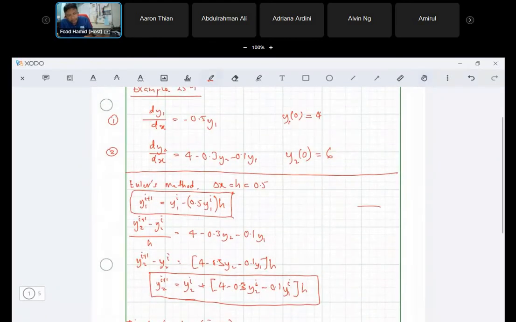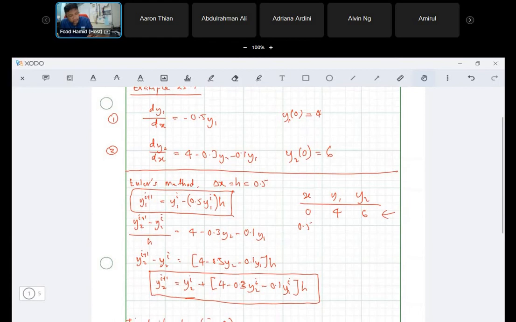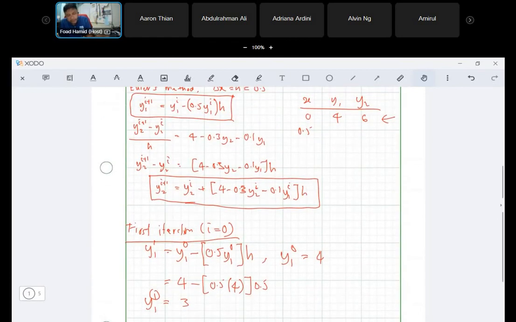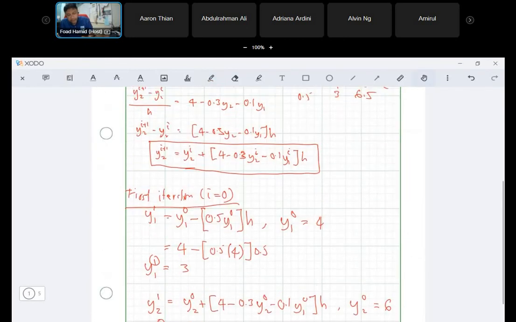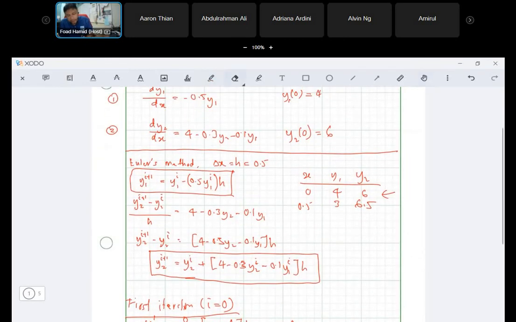So you can get the table here: x, y1, and y2. At x equal to 0, these are the initial conditions, 4 and 6. And when x is equal to 0.5, this is 3 and 6.9. And again, I have to repeat this for one more cycle.